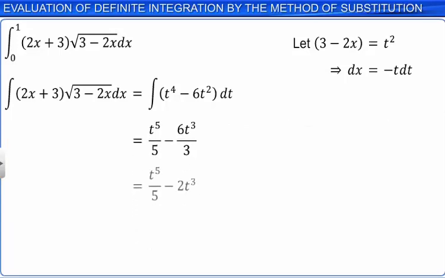Therefore, the integral of (2x plus 3) times square root of (3 minus 2x) dx is equal to t raised to the power 5 divided by 5 minus 2t cube. Now the answer is in terms of t.